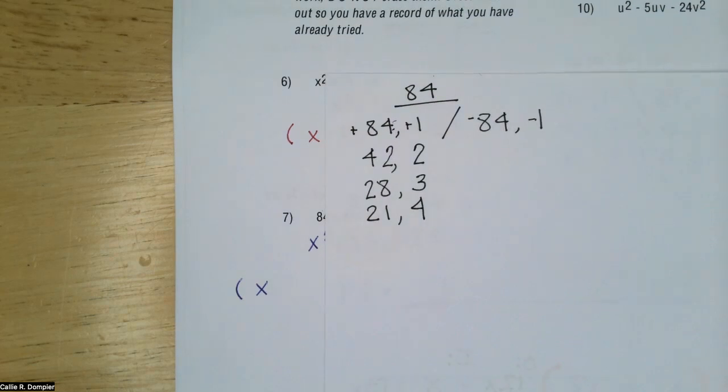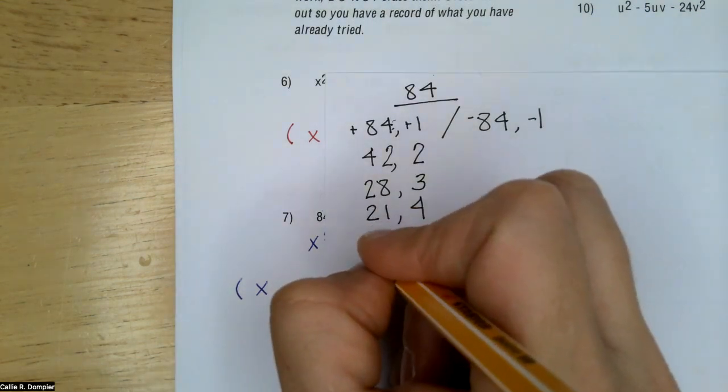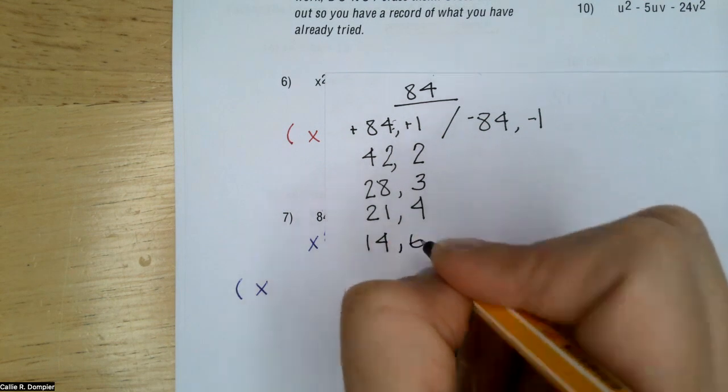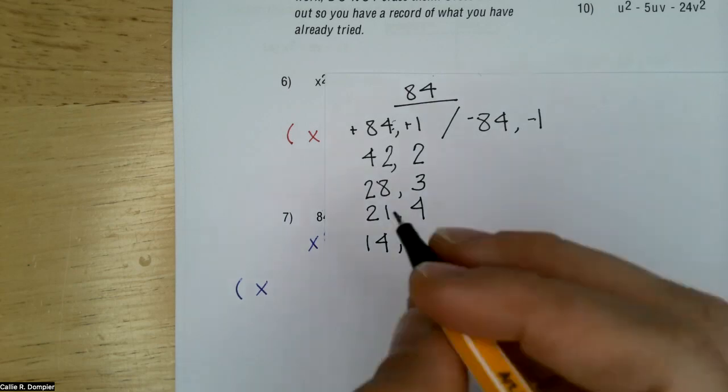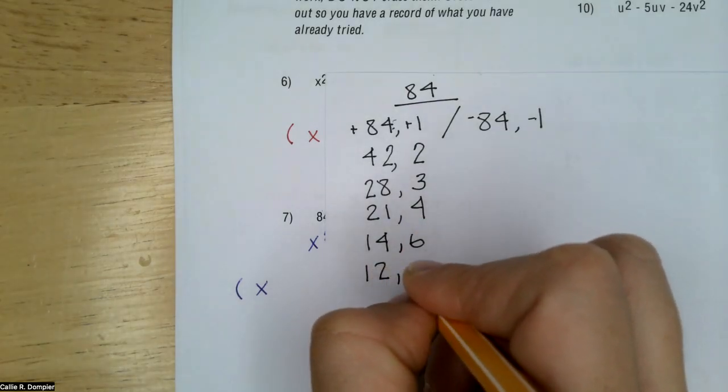Are we going to be able to divide 84 by 5? 84 divided by 5 is 16.8. So no. 84 divided by 6 is 14. 84 divided by 7, don't think. Oh, yeah. 84 divided by 7 is 12.